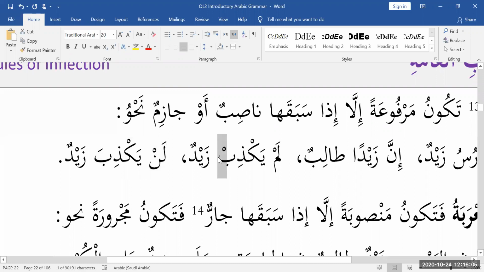Here there was a sukoon. Here there's a fatha. Why? Who's causing the word yakdhiba to enter into nasab state? There's a fatha here, so it must be in the nasab state. Who caused that change? Lan. So you can see lam and lan are examples of jazim and nasib. Lam is a jazim and lan is a nasib.